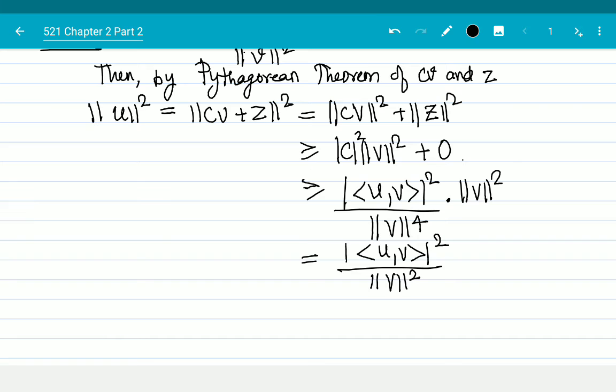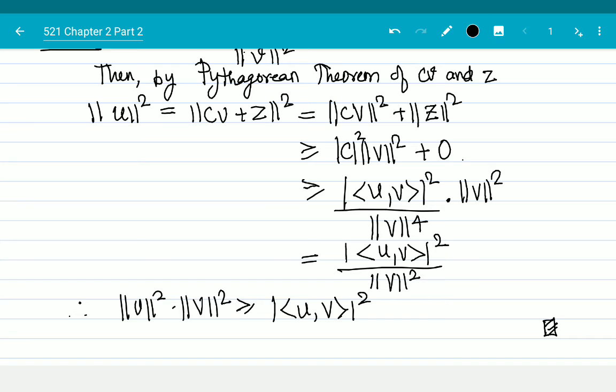And therefore cross multiplying, norm of U squared multiplied by norm of V squared is greater than or equal to ⟨U, V⟩ squared. Okay, proving the inequality.